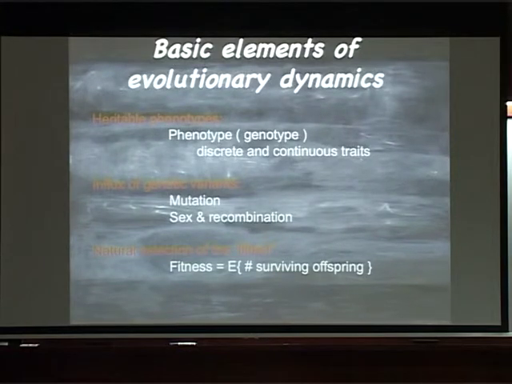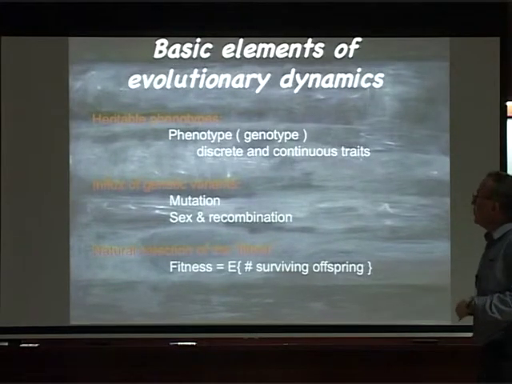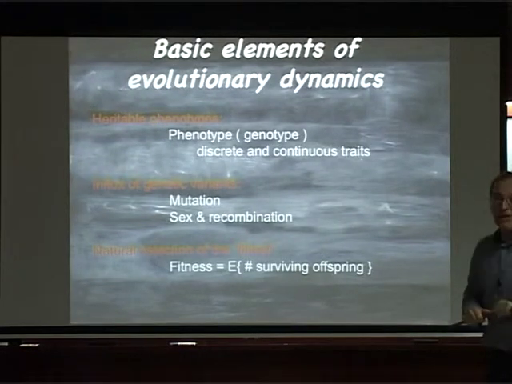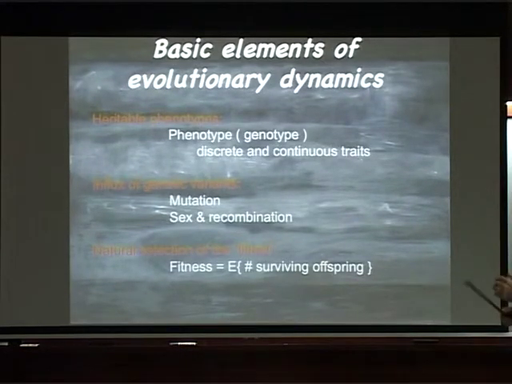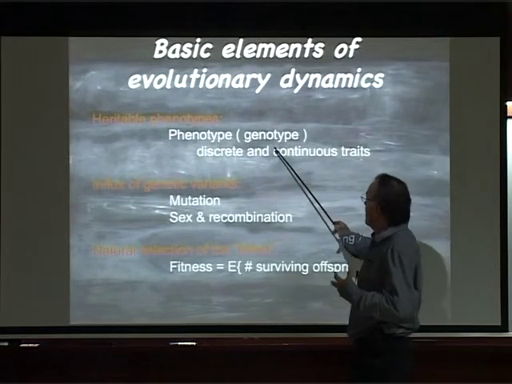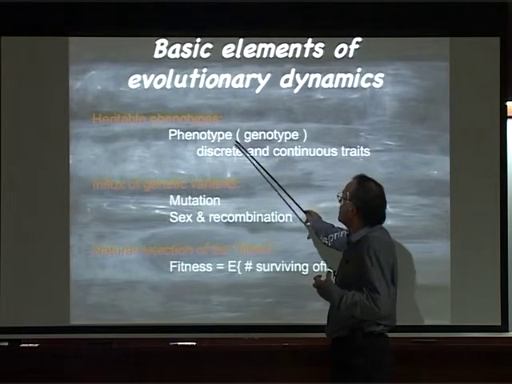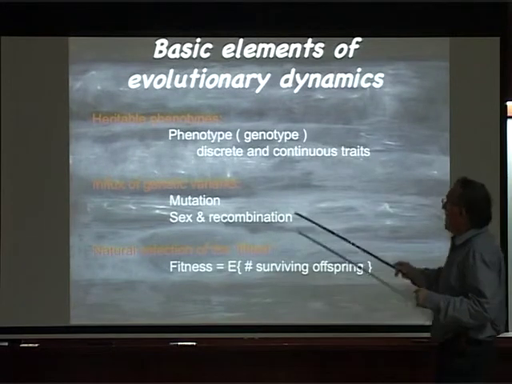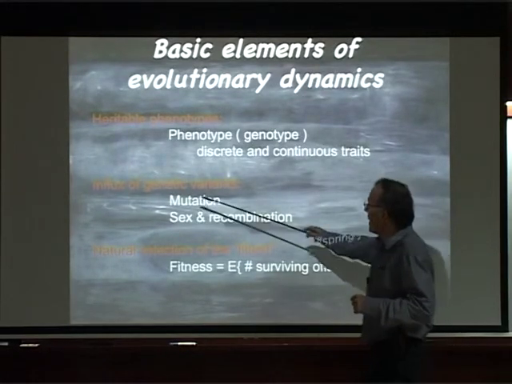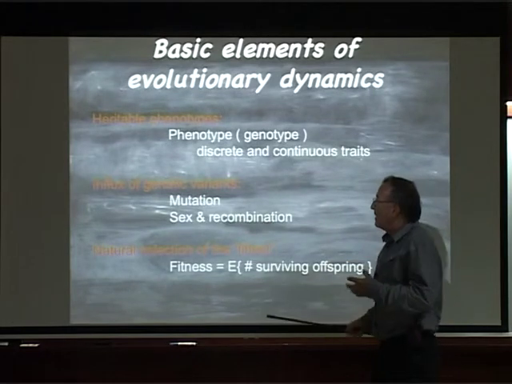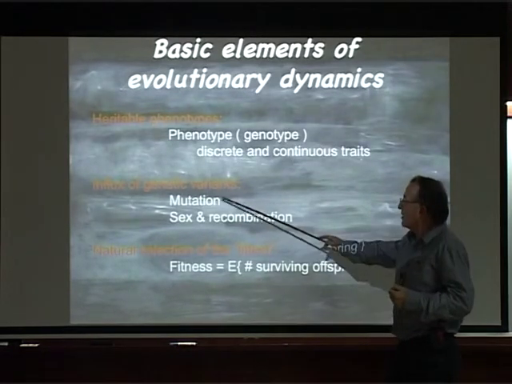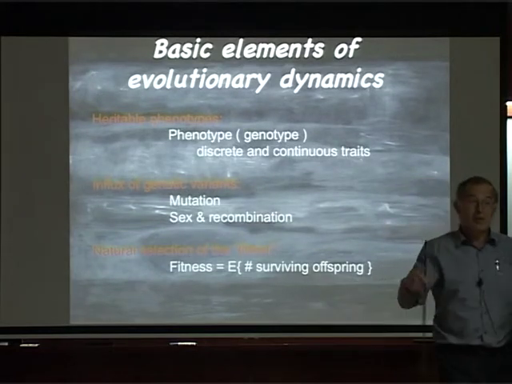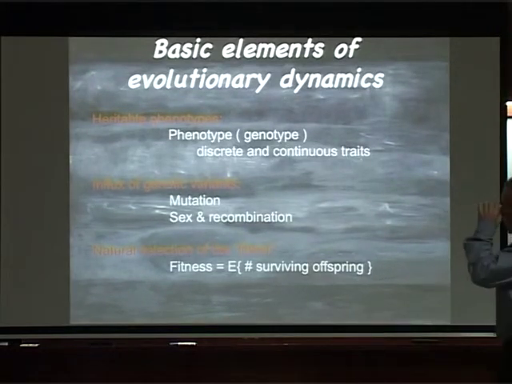So obviously, evolution cannot work without heritability, so the possibility to define, again, a heritable relation between the genotype and the phenotype. So I will very briefly talk about that. Then we'll talk about the sources of genetic variation, so mutation and sex and recombination. We already went over this in an example.